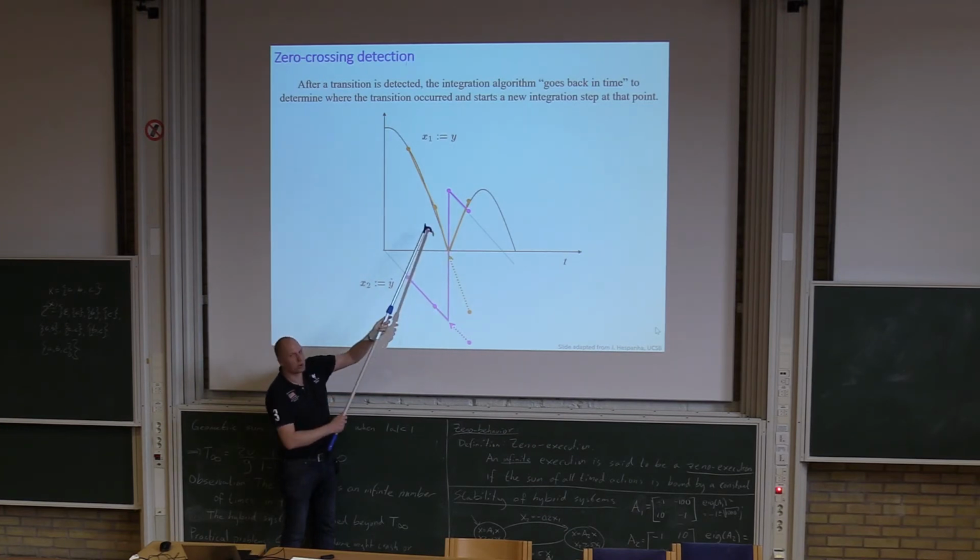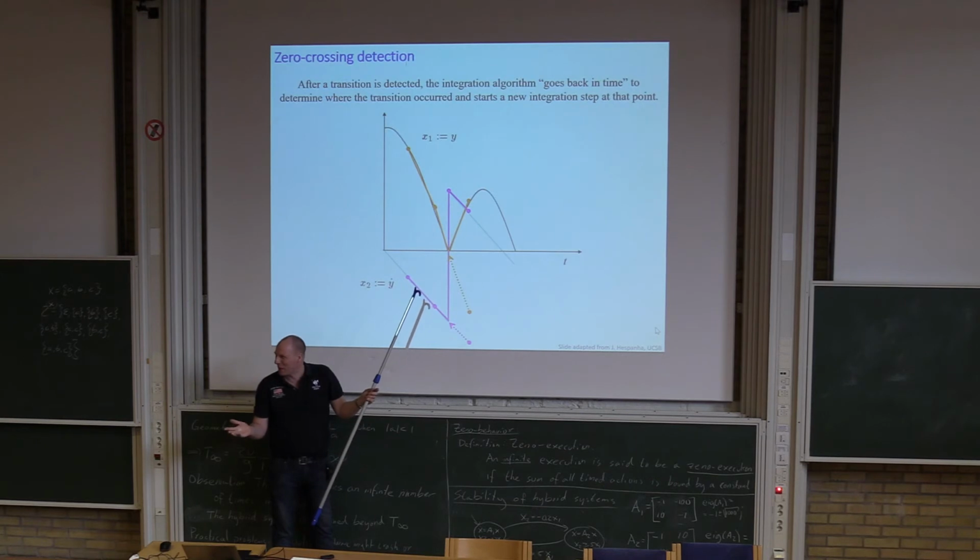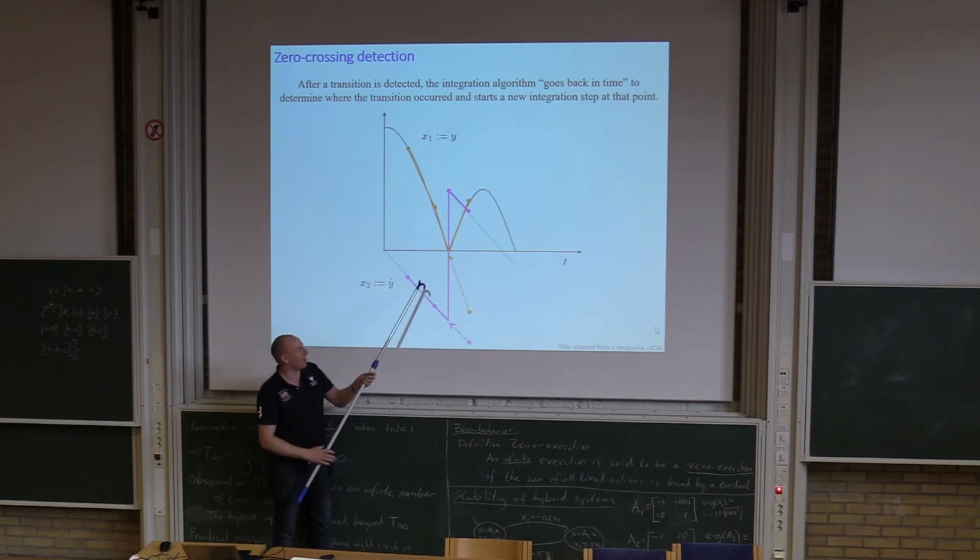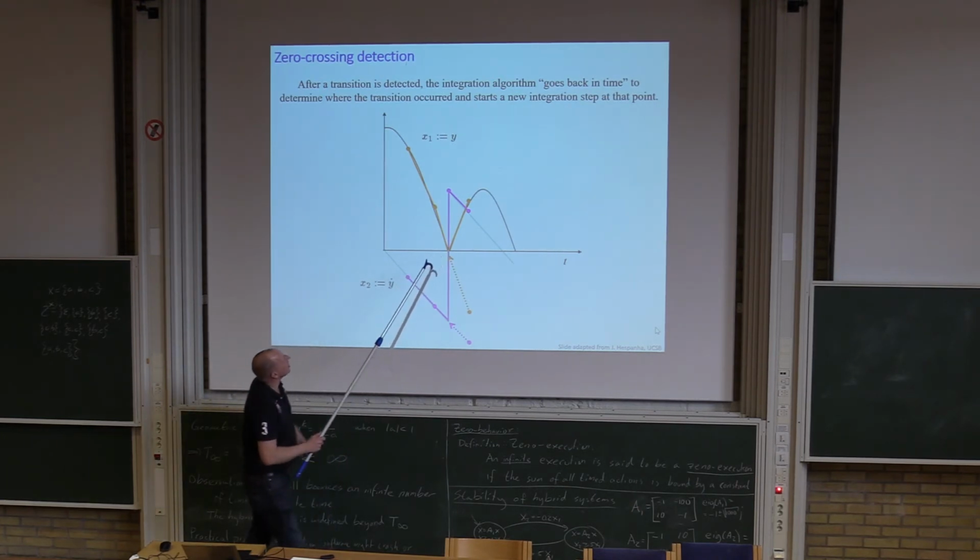Of course, this will always be a numerical solution, an approximation of where it happened, but it will be much better than if you don't have this zero crossing detection enabled.